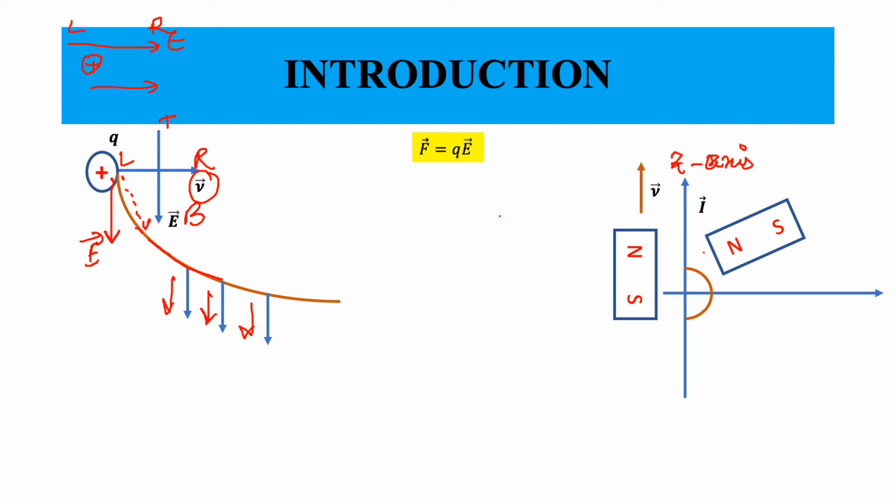Now imagine I place a magnet with a north and south face on this side. The magnet is placed on the x axis and this is your y axis, and the current goes along the z direction. Now I am going to introduce a magnetic field in such a way that the north pole points along the z axis, and you keep it at a certain distance over here.